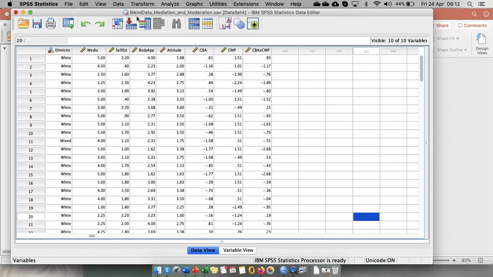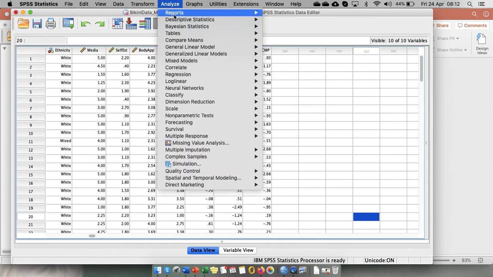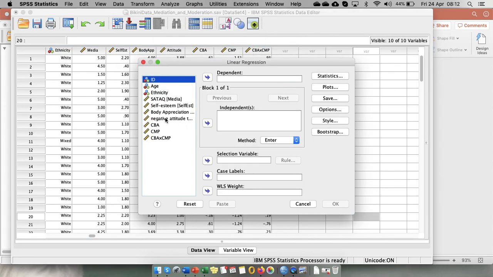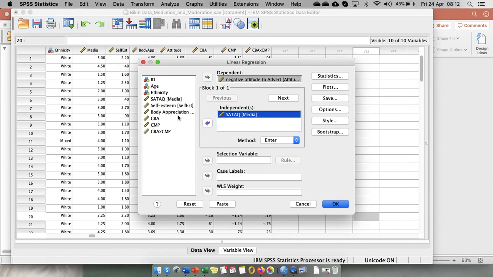To perform the analysis, go to Analyze, Regression, Linear, and our dependent variable is negative attitude. Now we need to enter our predictor variable and our moderator variable in the first step. In the second step, we enter our interaction.